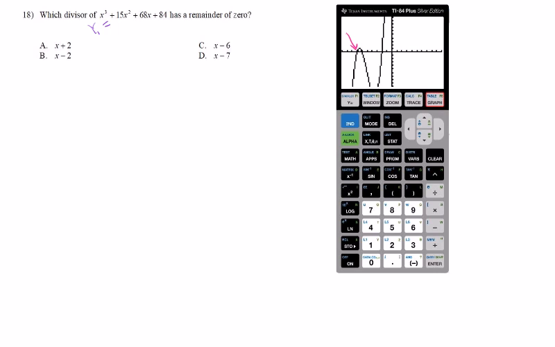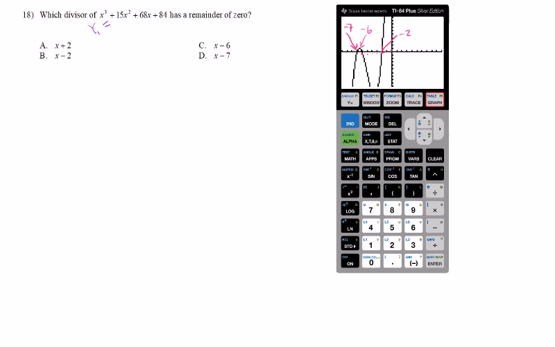If I count from 0 to the left, it'll be -1, -2, -3, -4, -5, -6. So I'm going to put -6 here. This one's at -7, and this one was at -2. I should have put that in there too.